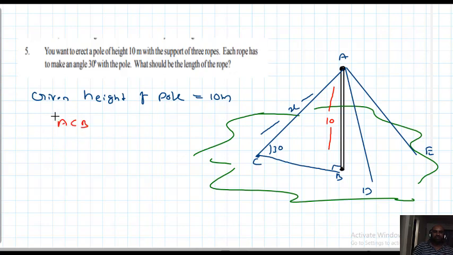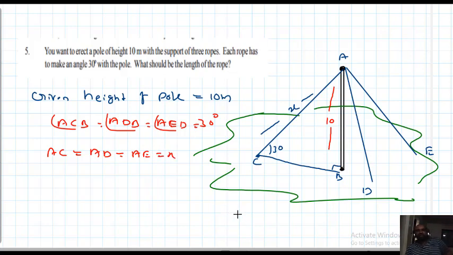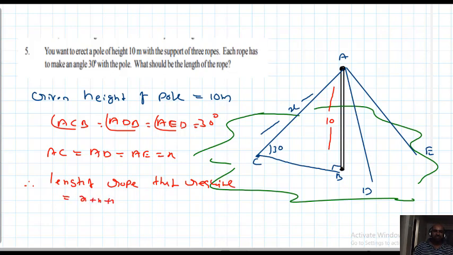Angle ACB equals angle ADB equals angle AED, all are equal to 30 degrees, and AC equals AD equals AE equals x. We want to find 3x. Therefore, the length of rope that is required equals x plus x plus x, that is equal to 3x.